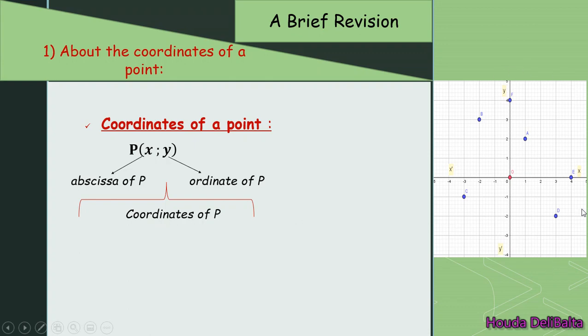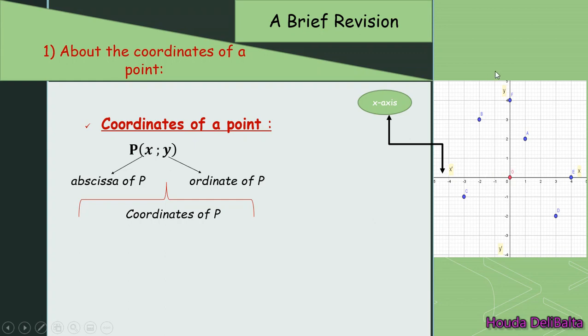Here are a bunch of points that we are going to talk about and to recognize as well. Now this is what we call the x-axis. So again, this is called the x-axis, or as you see here, x prime x.